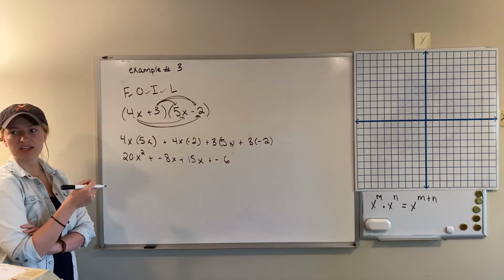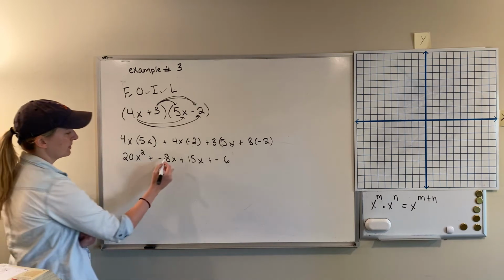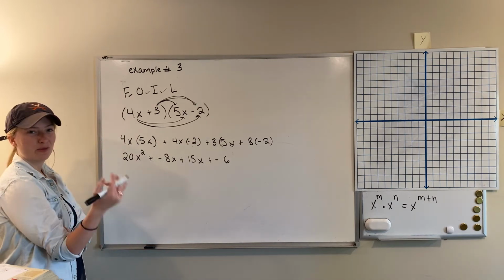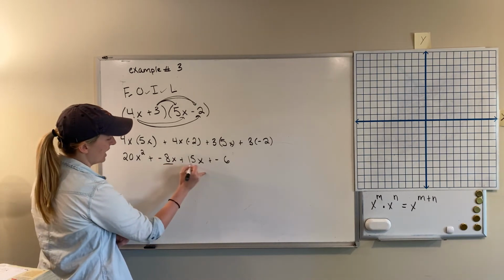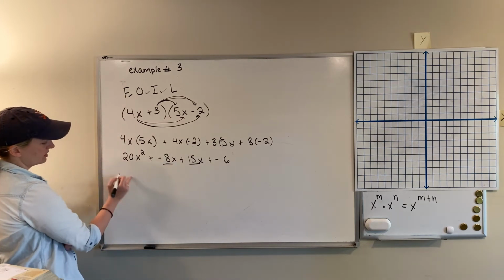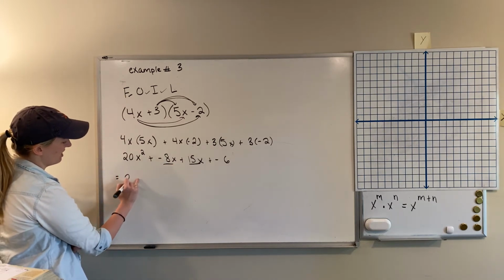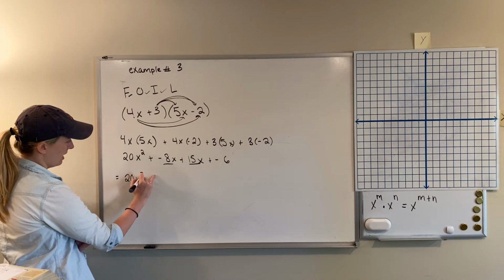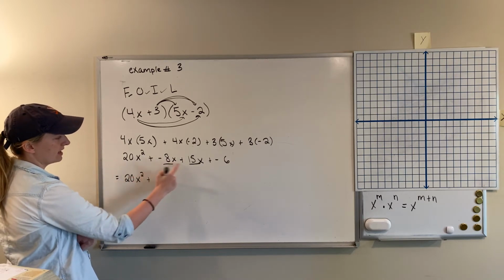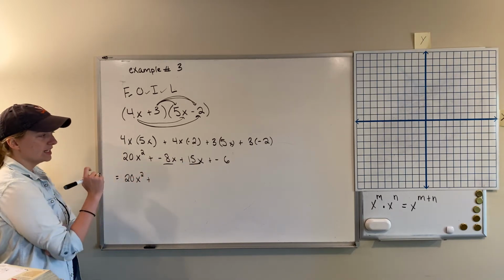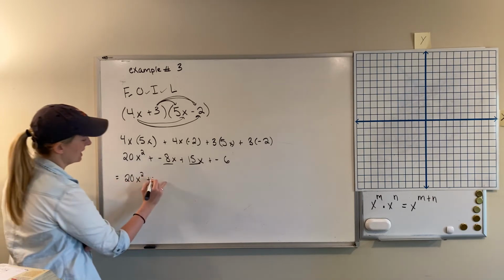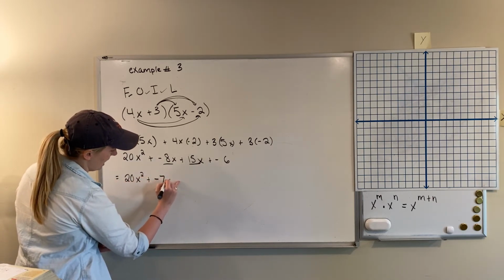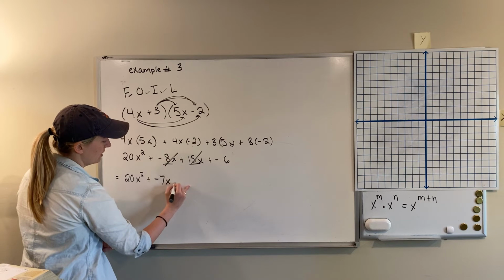Remember what I read above said you're going to get 4 products. Same thing as when you do your box. You end up with 4 numbers inside your box. Add your like terms together. There's no like term to x squared, so just rewrite 20x squared plus negative 8 plus 15, negative 8 plus 15 is negative 7x, boom, minus 6.